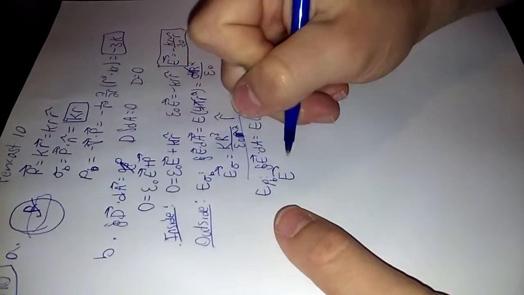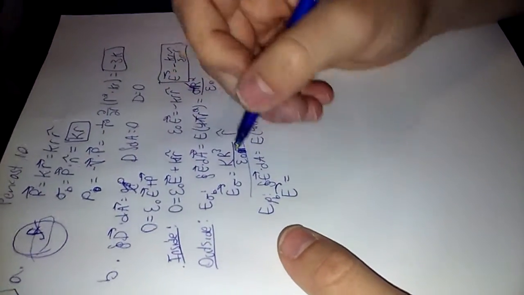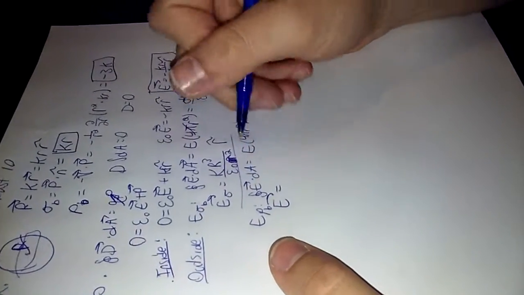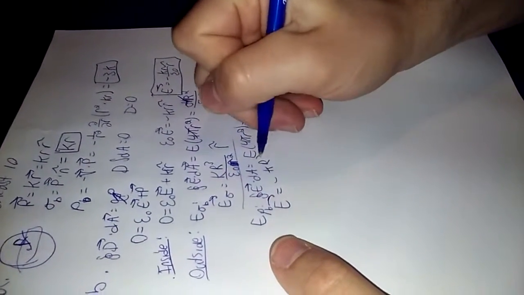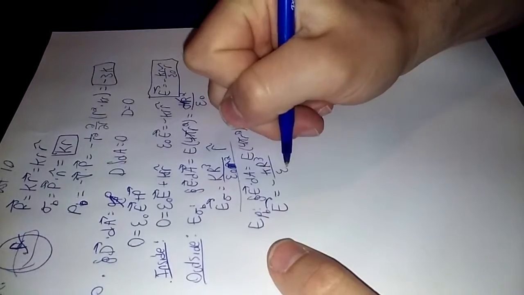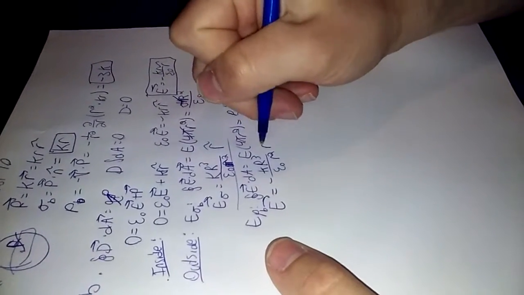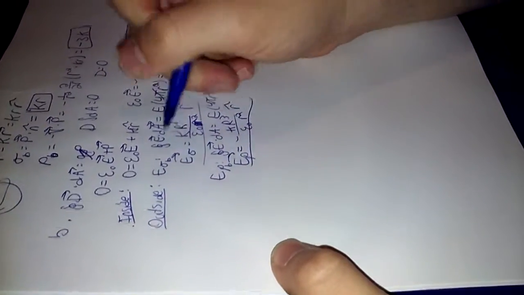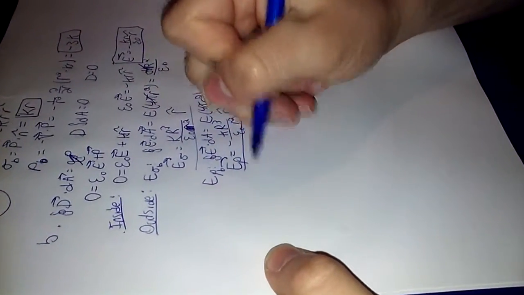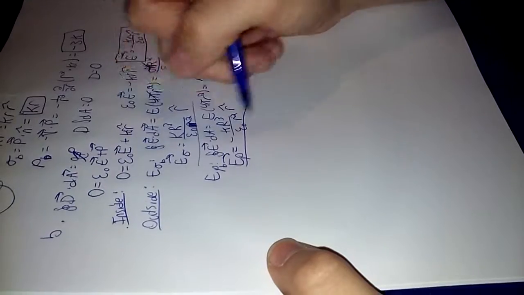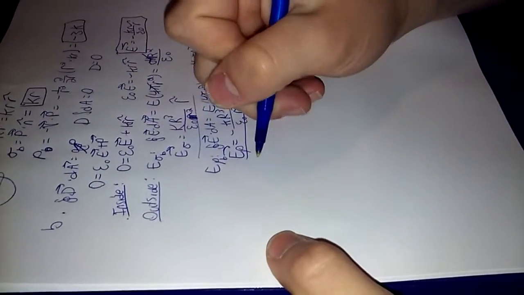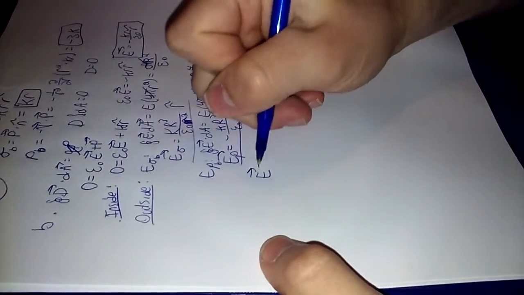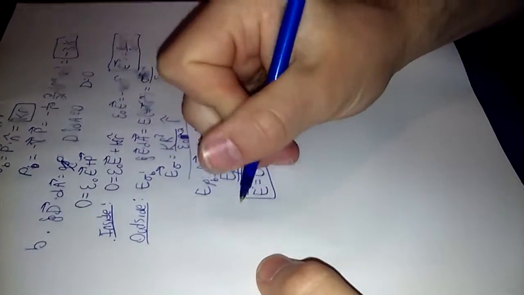Plugging in for rho from up here, negative 3k, we get that this is negative kr cubed over epsilon naught r squared in the r hat direction. And then total E is just the sum of these two. And if you notice, these are the exact same expressions, just one the negative of the other. So total E is just 0 outside.